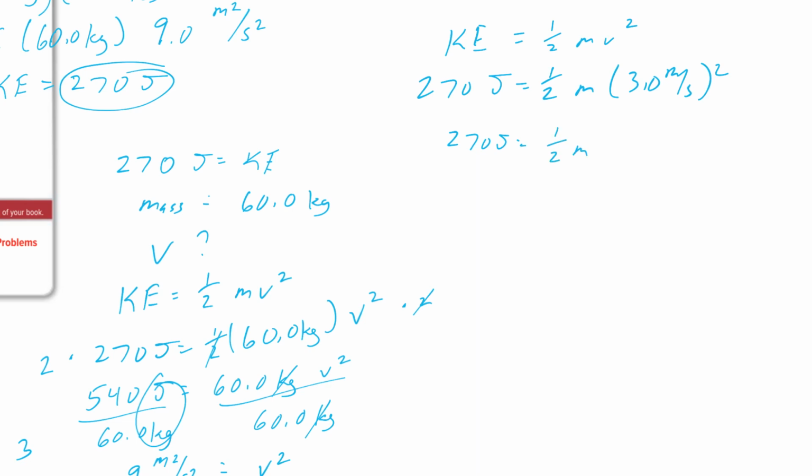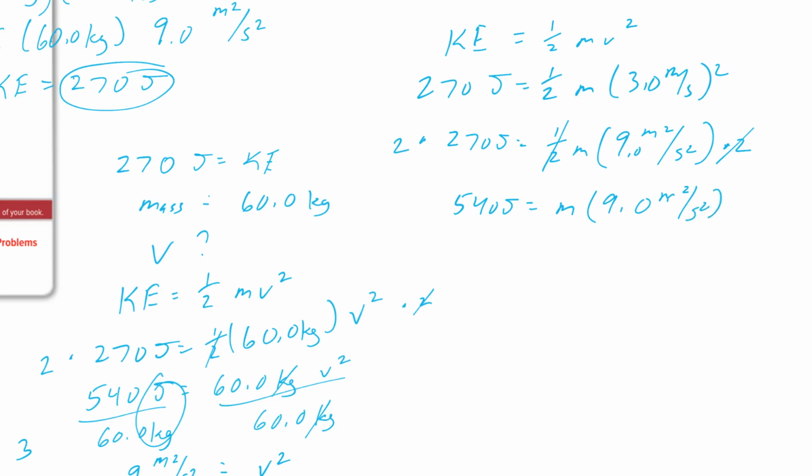So you can say 270, just recopy that. Now go ahead and square this. 3 squared is 9, and that's meters squared, seconds squared. Now we multiply both sides by 2. That gets rid of this half. That gives us our 540 equals m times 9 meters squared, seconds squared.